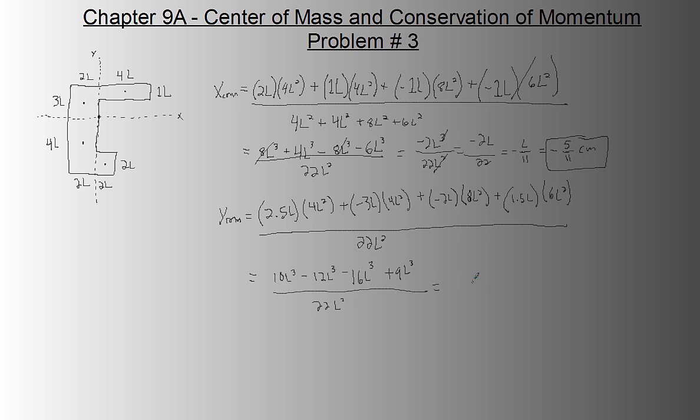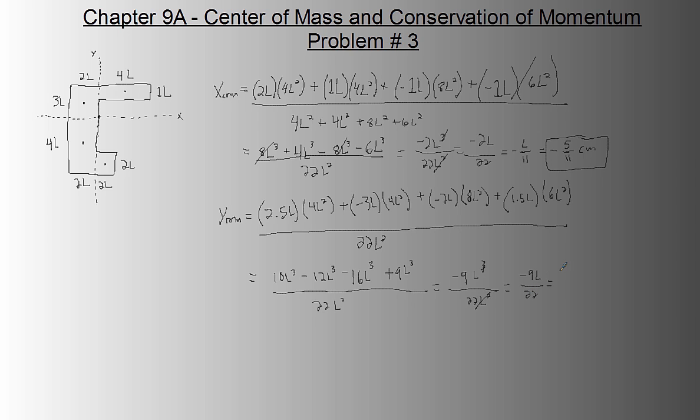That equals negative 9L cubed over 22 L squared. These two L's cancel with two of the three L's here. Becomes negative 9L over 22.